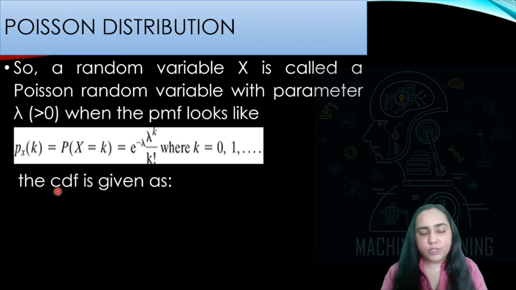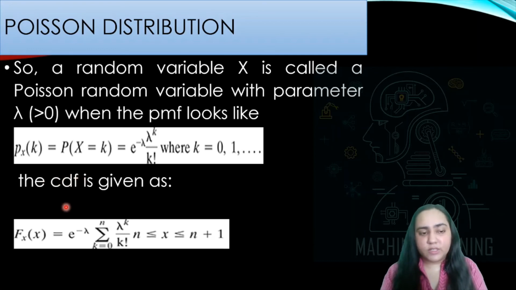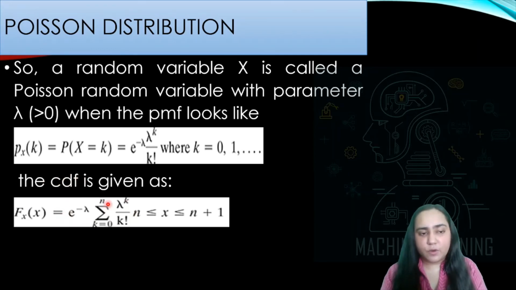The CDF, the cumulative distribution function, is given by this formula, which is not very different from this one, except that there is a sigma sign here, which goes from k equal to 0 up to n. Just like we saw in the binomial distribution, if you are asked the probability of exactly 5 returns, you will use this.